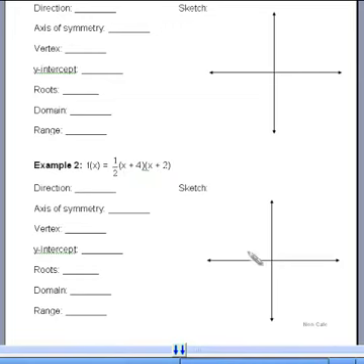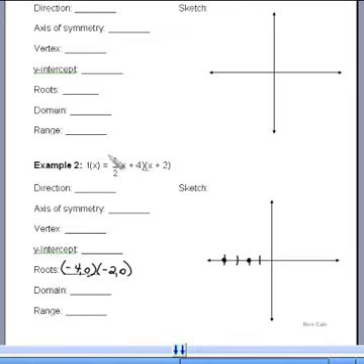Again, this means where it crosses the x-axis is at -4 and at -2. So if you want to fill those in first, we have (-4, 0) and (-2, 0) for our roots.